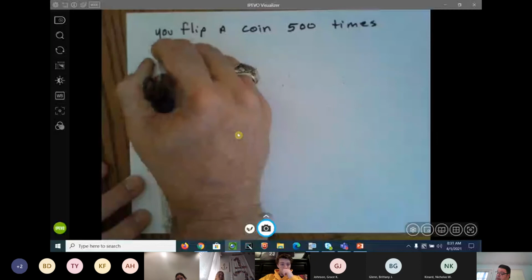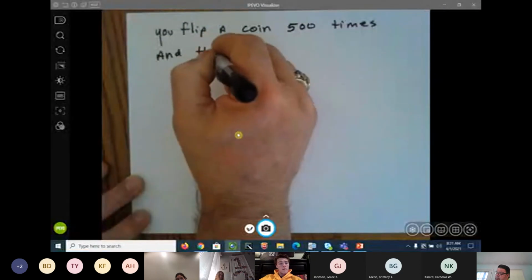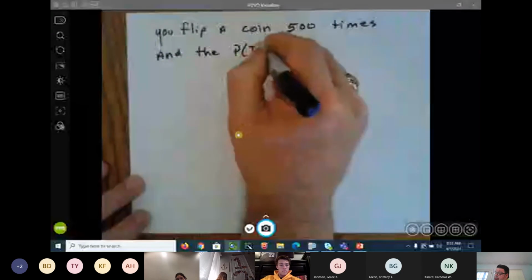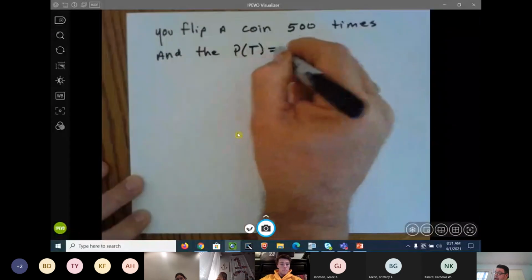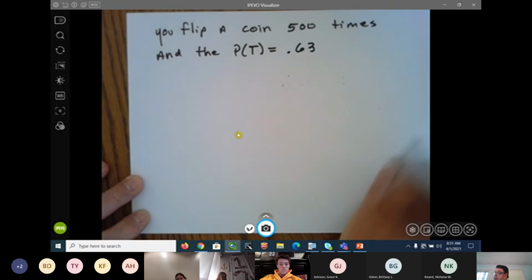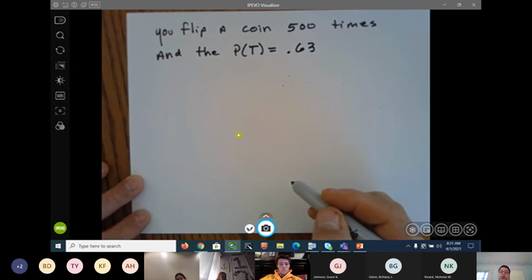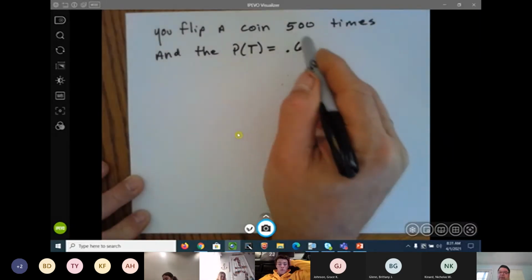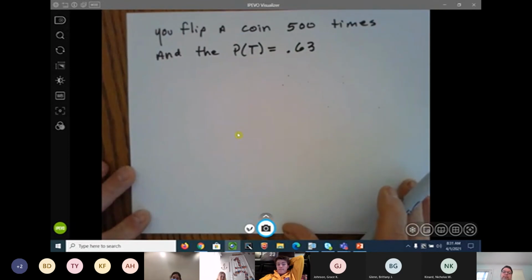And the probability of tails ends up to be 0.63. So in other words, for every 100 times you flip a coin, 63 times it comes up a tail. And that's what it did for those 500 times. It came up 0.63.